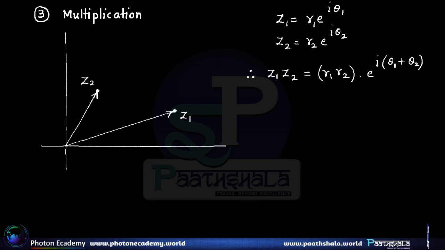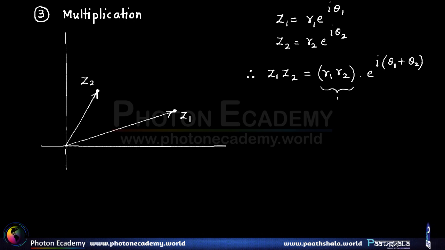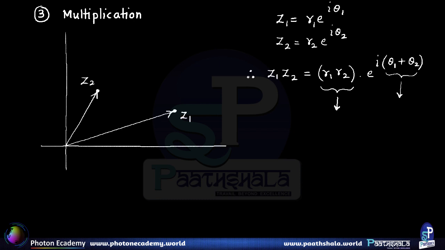So if you see, the product of two complex numbers is also a complex number in which the magnitude is the product of individual magnitudes and the argument is addition of individual arguments. So if at all we want to depict this graphically, then we will get the complex number as somewhere here, something like this.